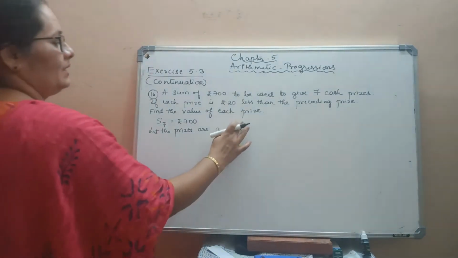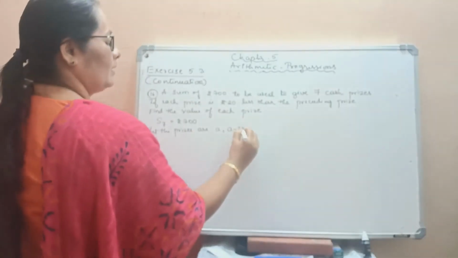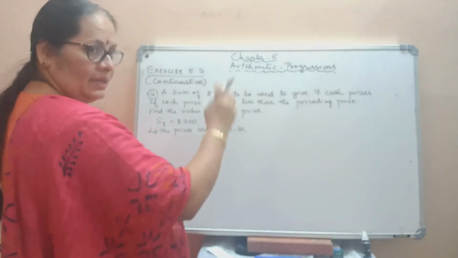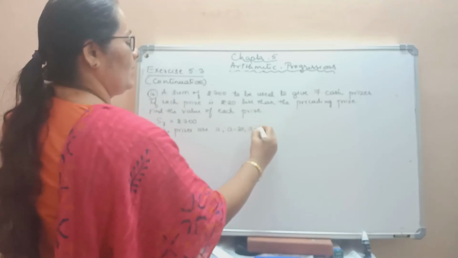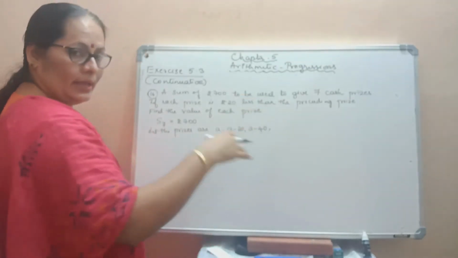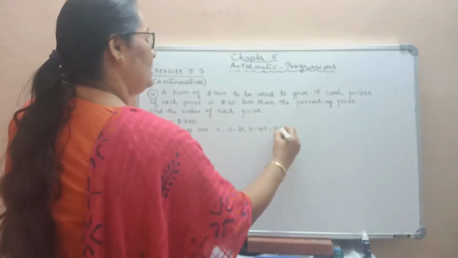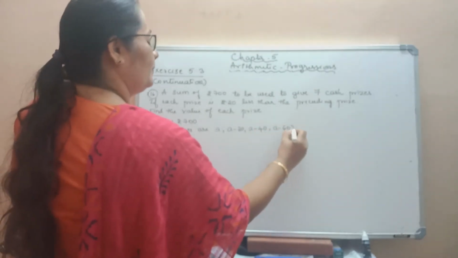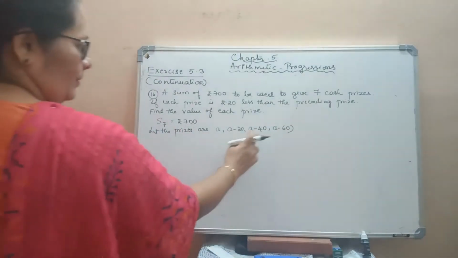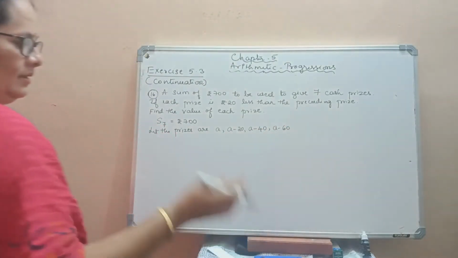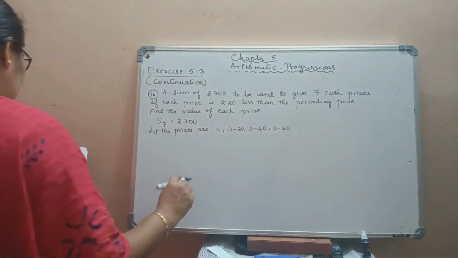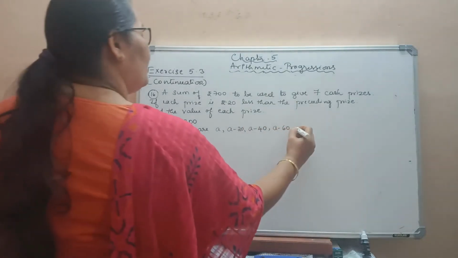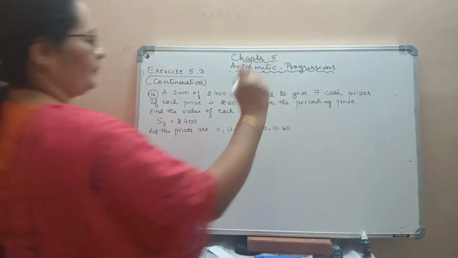So A minus 20. The next price is again 20 less, so A minus 40. Again 20 less, A minus 60. So 1, 2, 3, 4. Like this up to 7 prices.